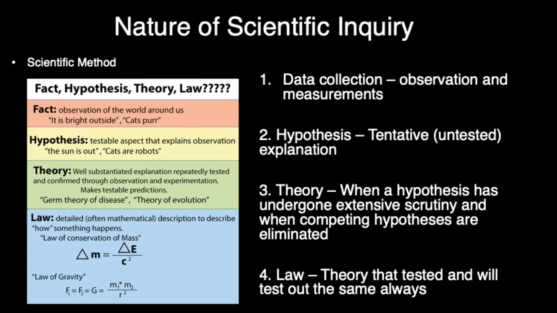A hypothesis, which is the second part that comes into place, is a tentative or untested explanation that arises from initial observation or initial formulations about the natural phenomenon, okay? So it's a tentative or untested explanation that comes from observation, all right? Definitely make sure you understand that.